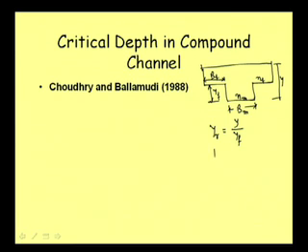Then we can have a breadth related non-dimensional term, that is equal to the flat plane width Bf divided by the width of the main channel, Bm. Then we can have another term, Bf divided by Yf.